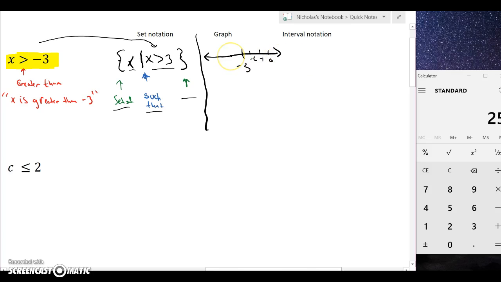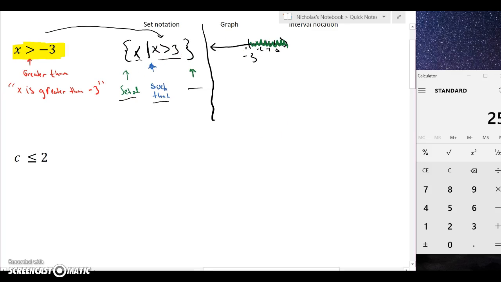We can go on forever, right? So to graph this, we're going to shade all that stuff to the right. And since this is just greater than, we are going to give it a round bracket, okay?